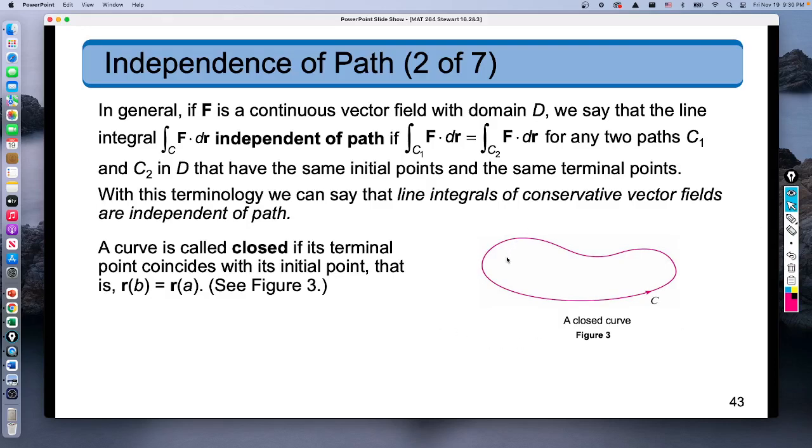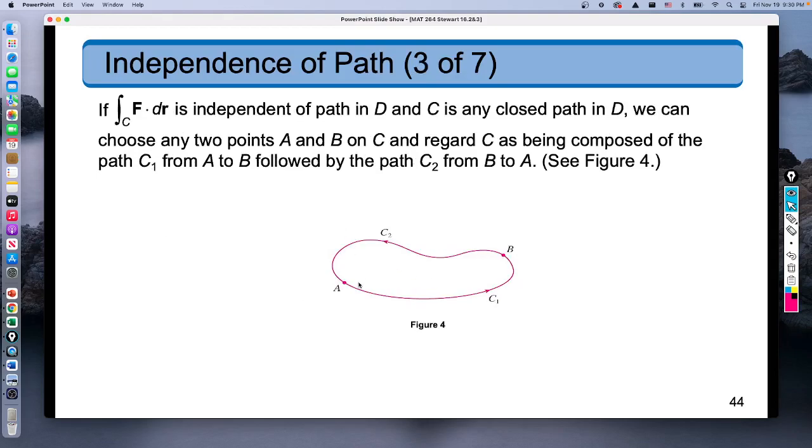We call the path closed if it looks like this, so if its terminal point coincides with the initial point. So if the starting point is the end point as well, then it's a closed path that looks like this. And again, we could have A going to B or B going to A. As long as the two points are the same, we're in good shape.